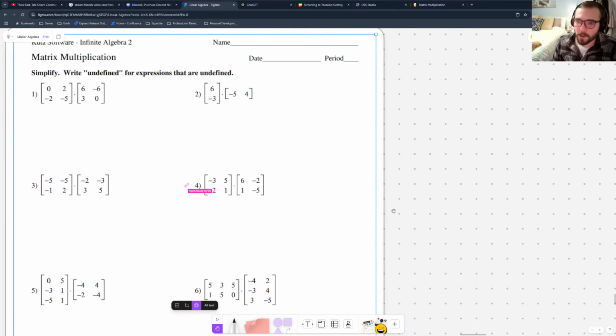All right, so number 1. We'd want to start with multiplying the first row of matrix A with the first column of matrix B. So we do 0 times 6 plus 2 times 3. All right.